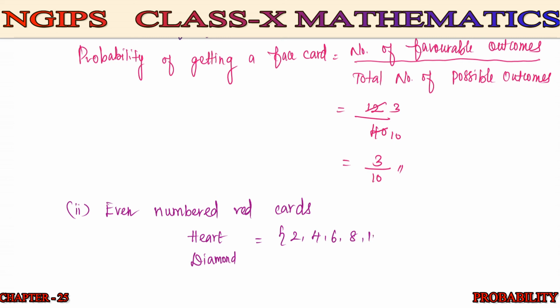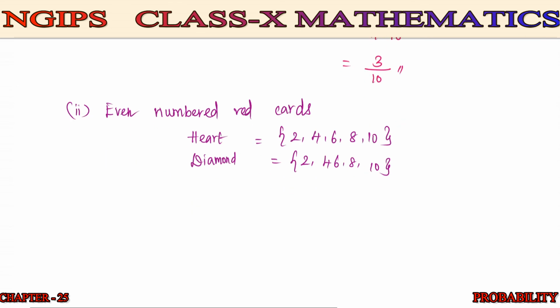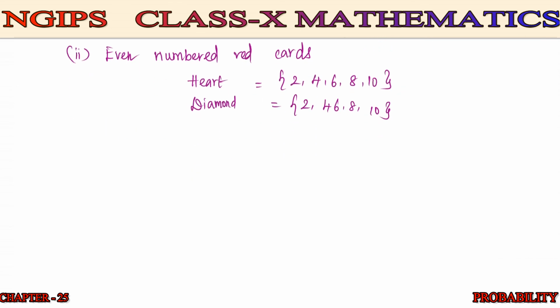Even in the diamond also we have 2 4 6 8 10. Therefore number of favorable outcomes is equal to, here we have 1 2 3 4 5 6 7 8 9 10. So totally we have 10 cards.